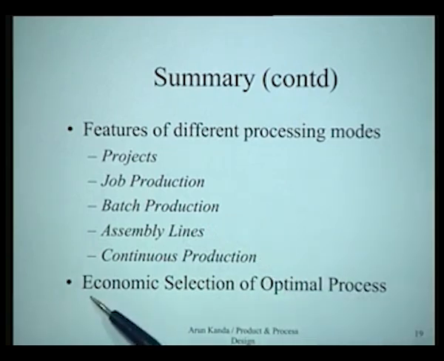And I think we must emphasize the point that the choice of the process is essentially an optimal decision based on economics. So depending upon the situation and the context, you have to choose an appropriate process.